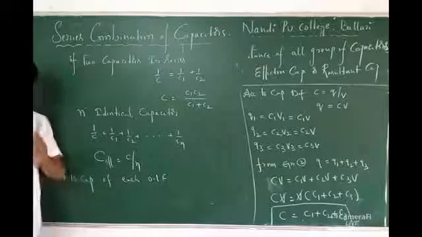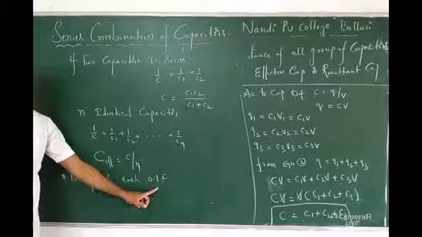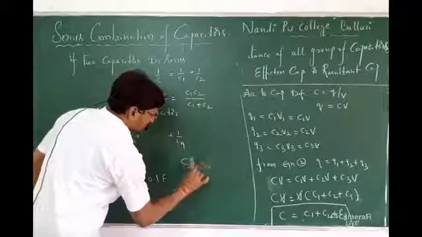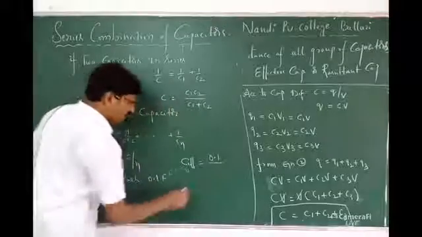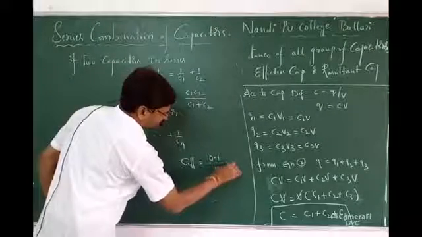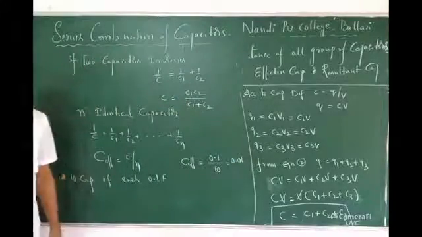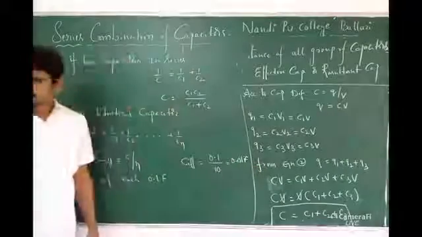Point to be understood: this shortcut we can apply only for identical capacitors. C effective is equal to C value 0.1 by N value 10, which means 0.01 farads.